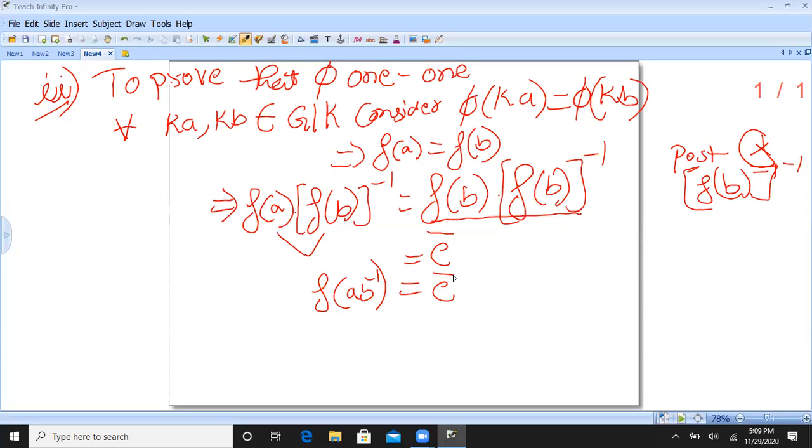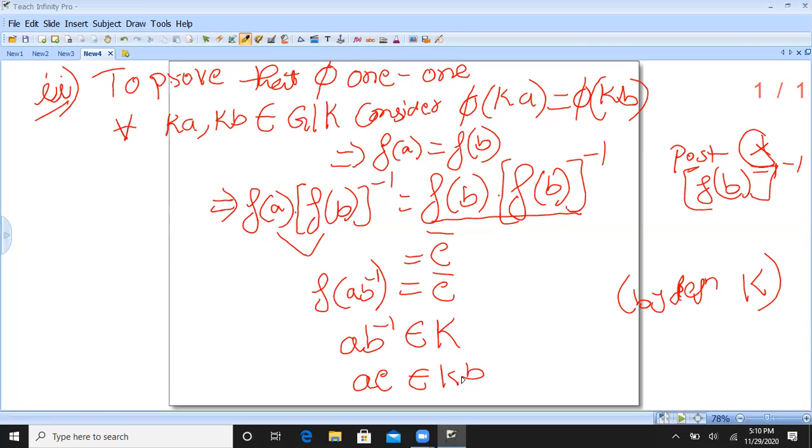By the definition of kernel, capital K, I can't write the full word kernel because I don't have space here, so we remove f and f bar. ab inverse belongs to capital K, therefore ae belongs to kb.